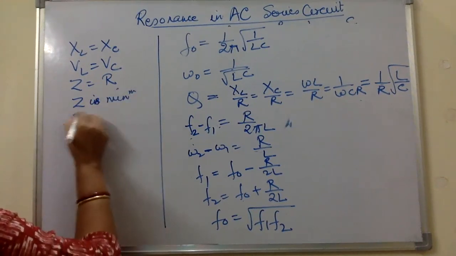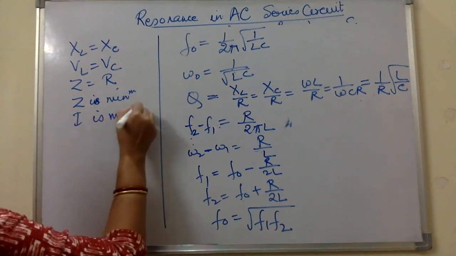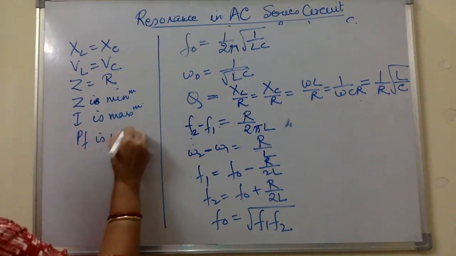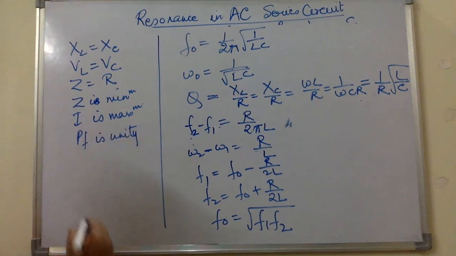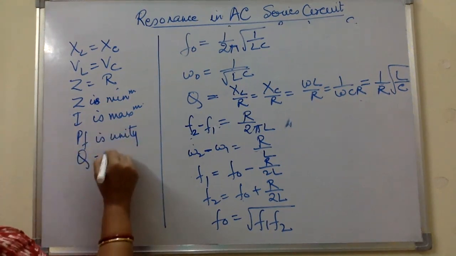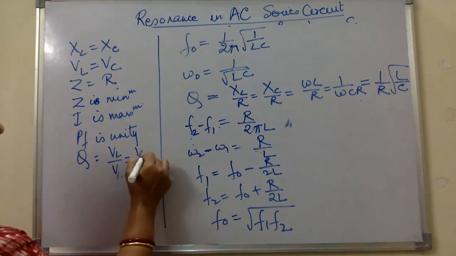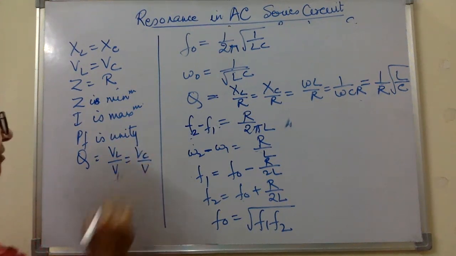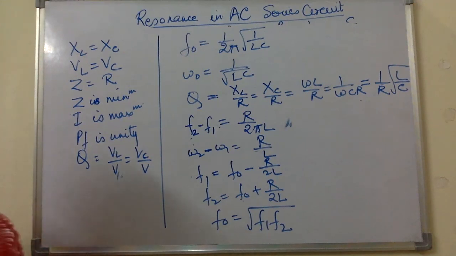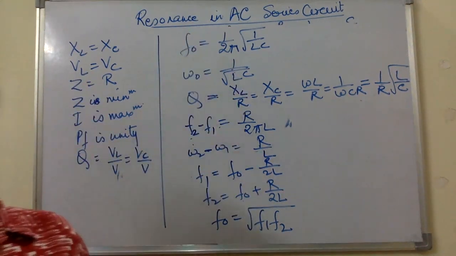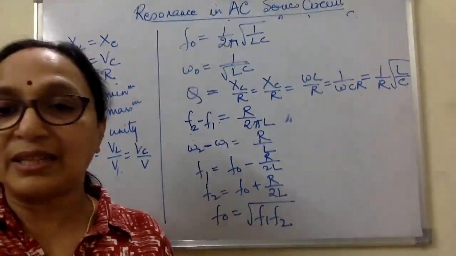Current is maximum at resonance. And power factor is unity. And at resonance, there is voltage magnification, that is known as the quality factor, VL by V or VC by V. So these are the different things we have studied today at resonant condition, different equations. So you'll be able to solve the numericals based on this. Thank you.